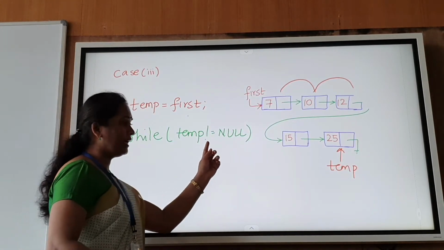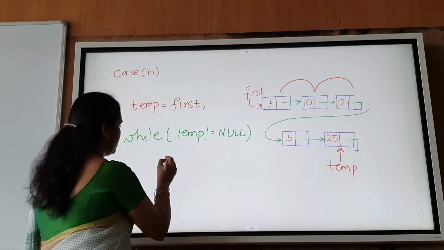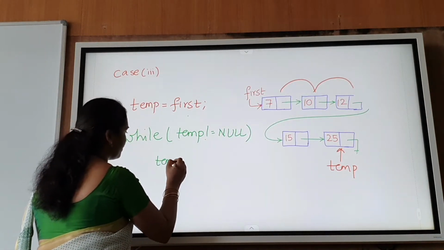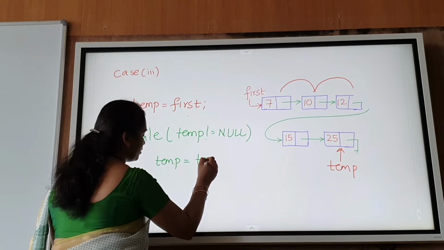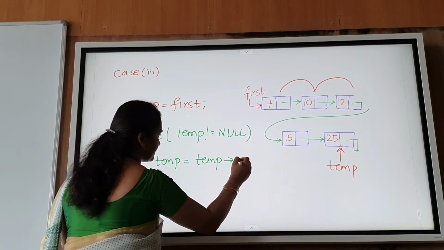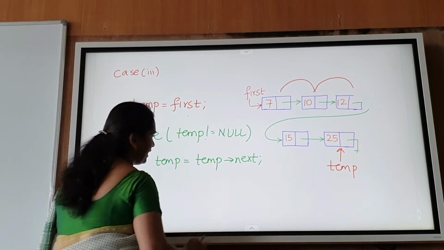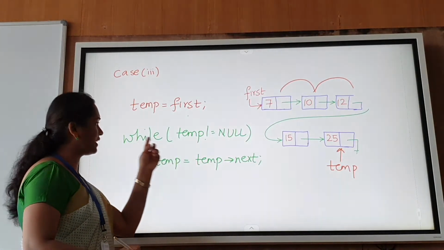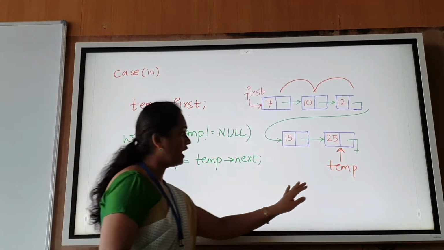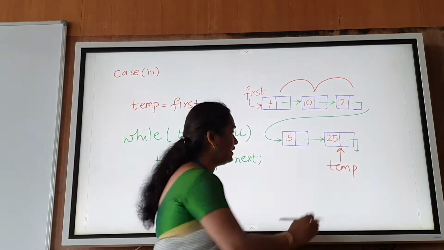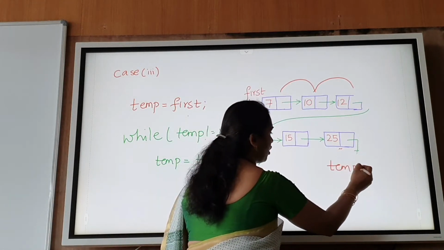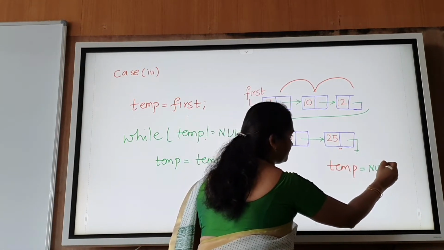What would this do? This while loop, within which there is a statement of progression, temp is equal to temp next. If this statement is executed multiple times, it stops when temp becomes null. I wouldn't have temp stop here, but I would have temp stop when it becomes null.